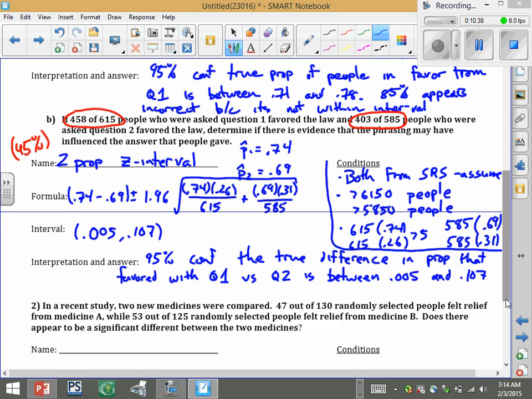Let me separate my conditions so they don't all run together. Because 0 is not in the interval, and we started with question 1 and it's all positive, it appears question 1 has a higher proportion. That's simply because we put question 1 as p1. So when we do 0.74 minus 0.69, it looks like everything's positive in that interval.